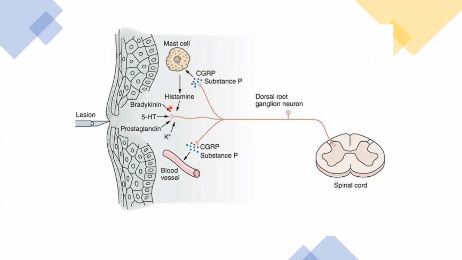So histamine, as we have seen earlier, activates your nociceptors also. And the substance P will cause extravasation of the plasma through vasodilation, and your CGRP will dilate blood vessels. This will result in edema and additional release of bradykinin. Your serotonin, or 5-hydroxytryptamine, 5-HT, will be released from your platelets and will also activate your nociceptor, making it much more sensitive to the stimulation.